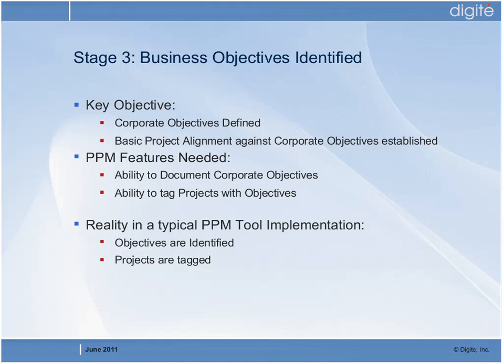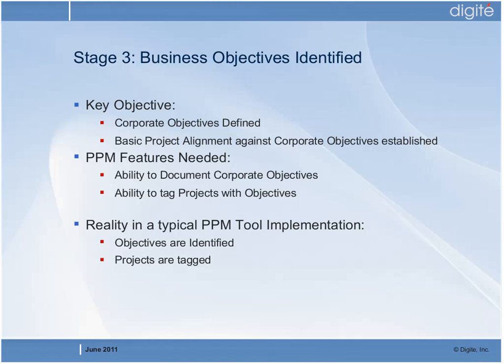So there is at least some effort made to say, as each project gets started, what objectives it is supposed to fulfill, and what aspects of those objectives are meant to be achieved with the execution of those projects. The features typically needed from a PPM tool will include the ability to document the corporate objectives in a way that they become visible to everybody, and the ability to tag projects with those corporate objectives.